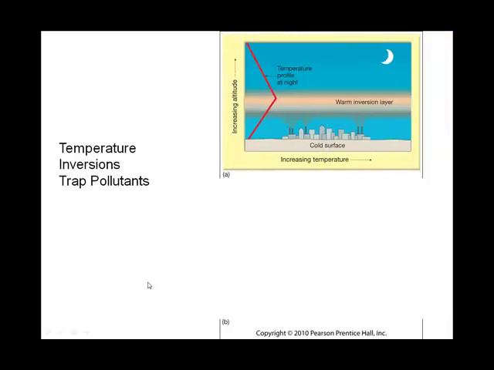So this is looking at an inversion that can form overnight. What's happened here, and we talked about this when we talked about radiation fog, is basically the Earth's surface has petered out its thermal energy. It's going to cool off overnight. I can tell this is night because the moon's up there. And so it basically peters away its thermal energy, and so now it is cold here, okay?